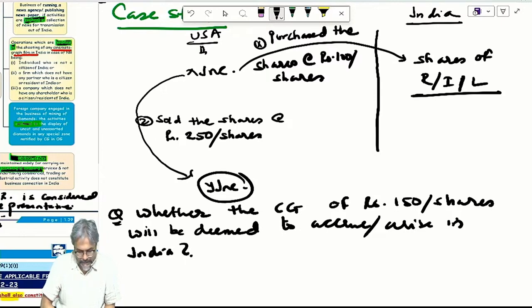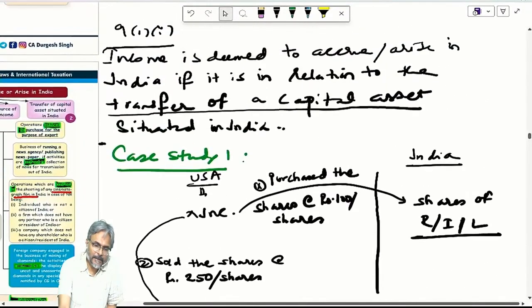So what is your take, students, in this? The capital gain of rupees 150 per share, will it be deemed to accrue or arise in India? So the question therefore is, what is this 9(1)(i)?